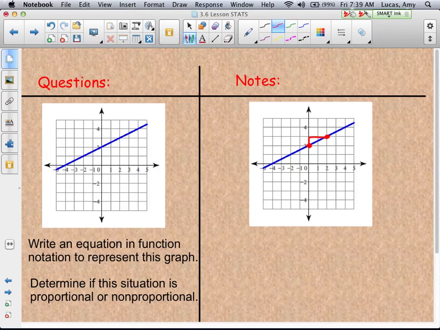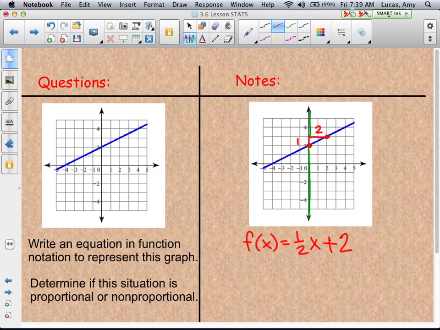Rise over run, rise 1, run 2. So my slope or rate of change is 1 over 2, 1/2. This intercept, where the graph crosses the y-axis, is at +2, so +2. That's the equation for my line.